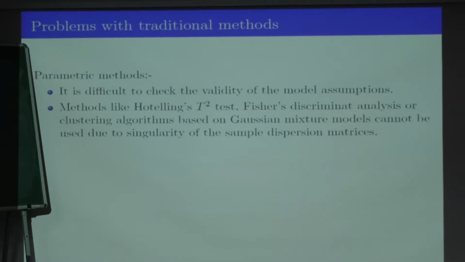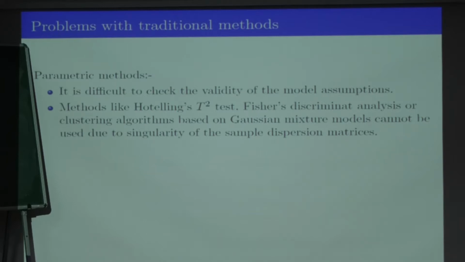Now, a parametric method will work well when the model assumptions are correct. If the model assumptions are erroneous, then it will lead anywhere. So first of all, one needs to check whether the model assumption that you have made is correct or not, and for that, one needs to check its validity. In 1 dimension or 2 dimensions, we know we can use the chi-square test to do that. But in higher dimension, you must have seen that there is no chi-square goodness of fit test for that, because a chi-square test is a large sample test.